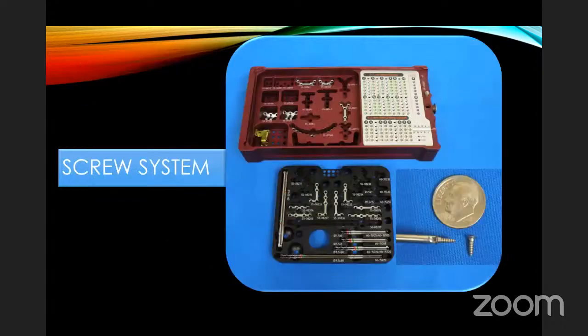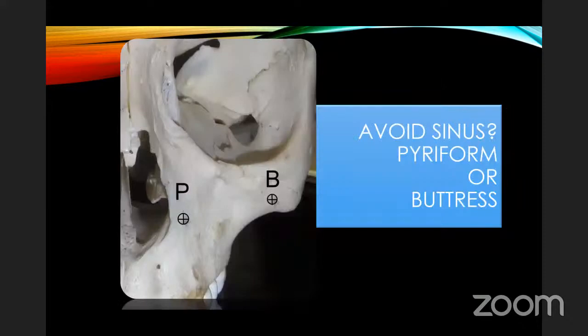I use 1.8 or 2.0 titanium self-drilling screws. And I like to put my screws in the dense bone, and that's usually either the piriform bone or the buttress bone. You can put these screws in the sinus, but it's not something that I routinely do.